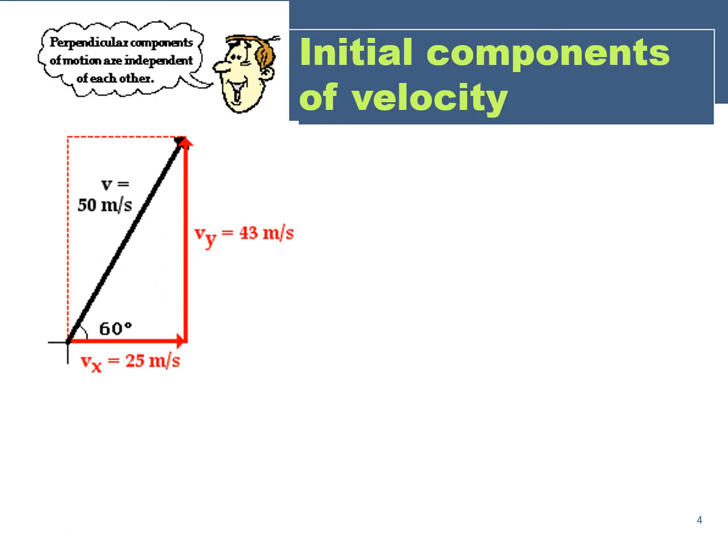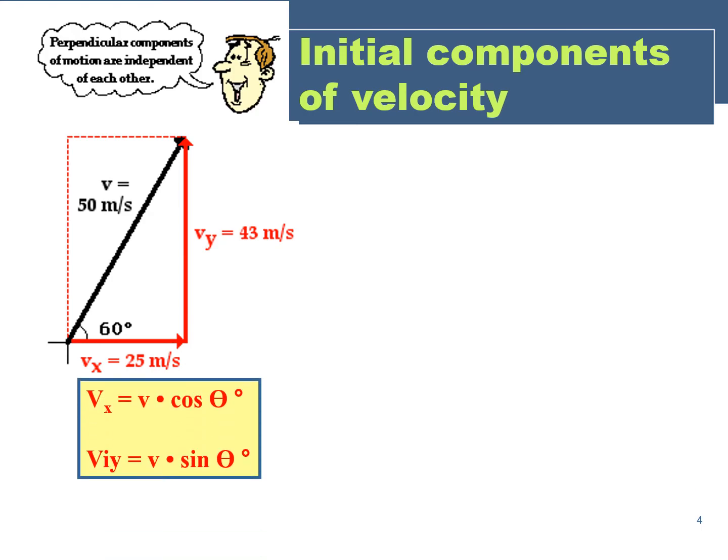Suppose an object is projected with an initial velocity of 50 meters per second at an angle of 60 degrees. How are we going to solve for the initial horizontal velocity and initial vertical velocity? We can solve these velocities using the trigonometric functions sine and cosine.